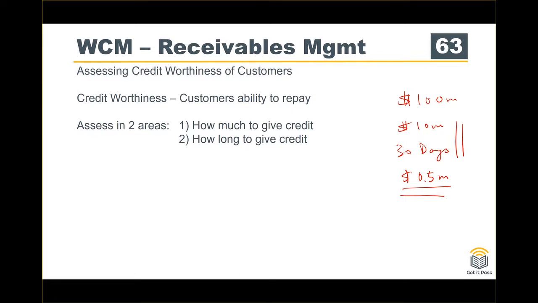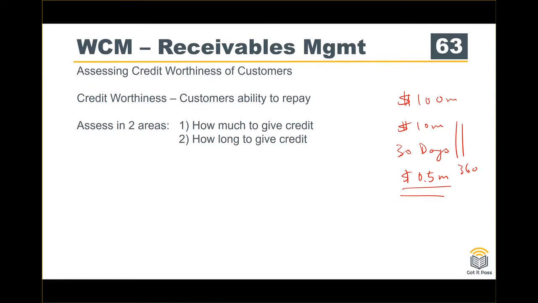So in this example, for 30 days of credit period granted and with 10 million sales per year, on average, assuming the number of days in a year is 360, so it makes the calculation a bit simple.